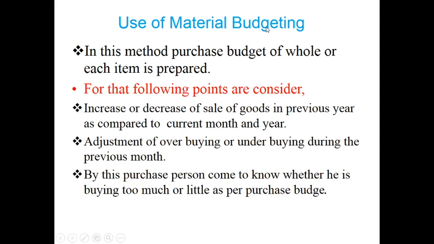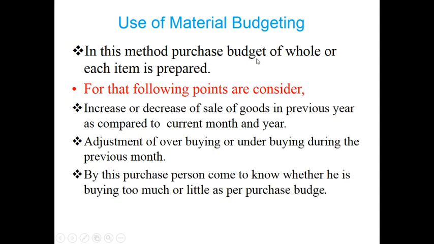Here the budget of each and every material present in your store is calculated, and by that we can control inventory. Here master budget is prepared, or budget of each and every product or purchase budget is prepared.